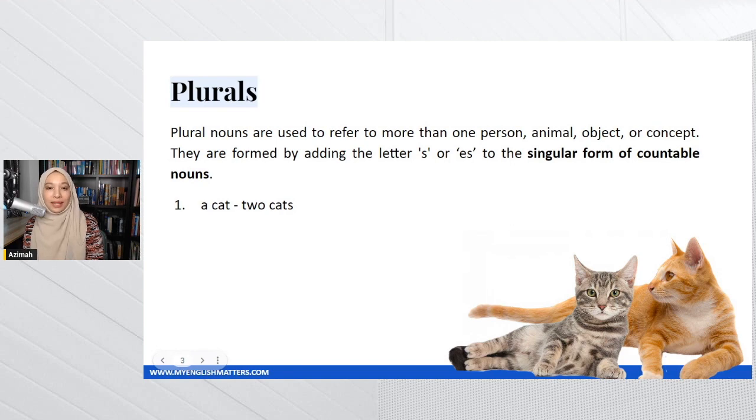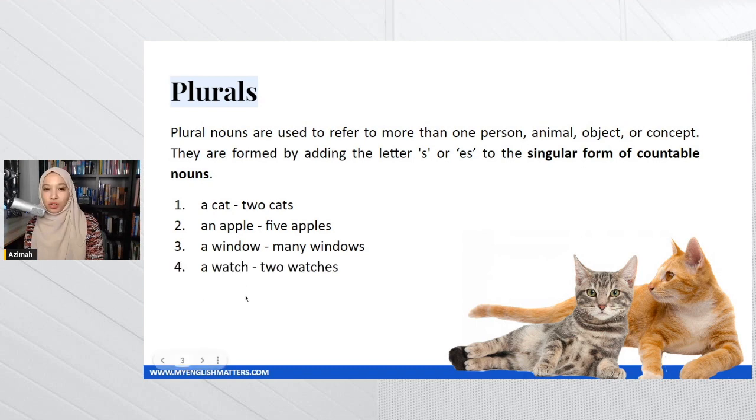When we say a cat and we want to make it plural, we add an S. So 2 cats, an apple, 5 apples, a window, many windows, a watch, 2 watches, my responsibility, various responsibilities.